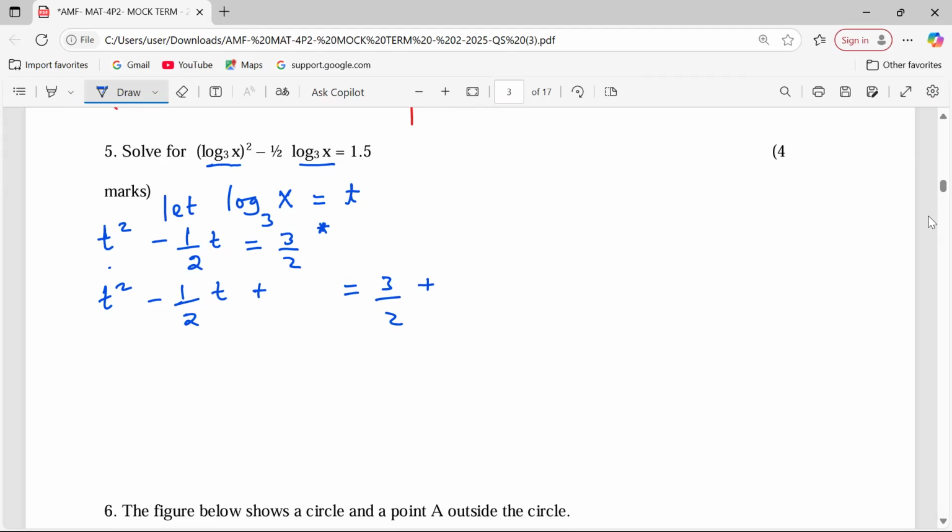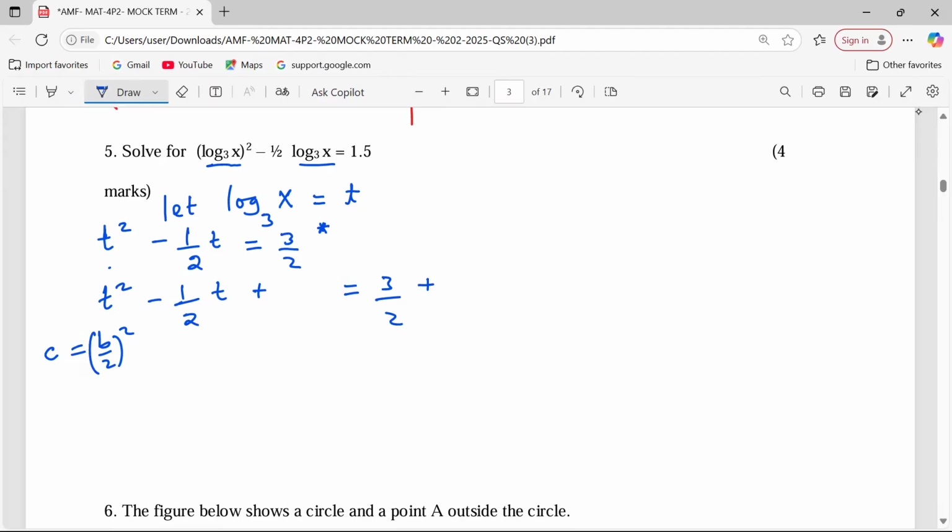For an expression to be a perfect square with a equal to 1, the constant c should be equal to b over 2 squared.